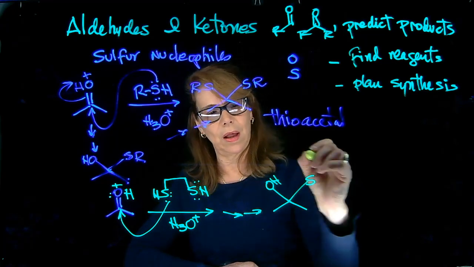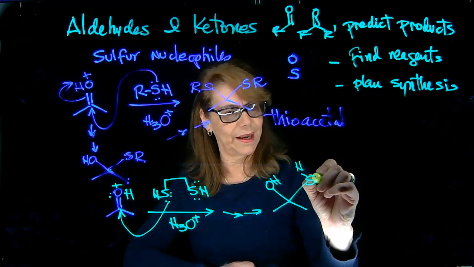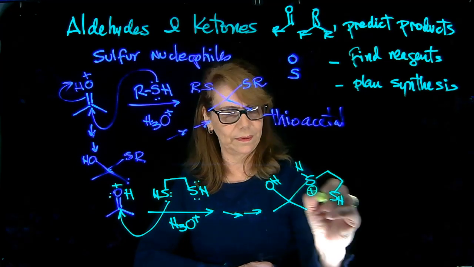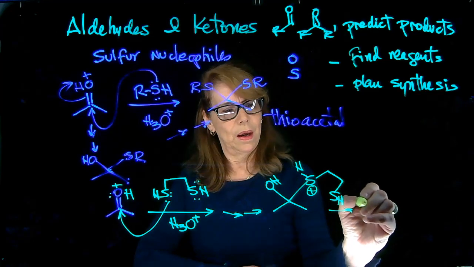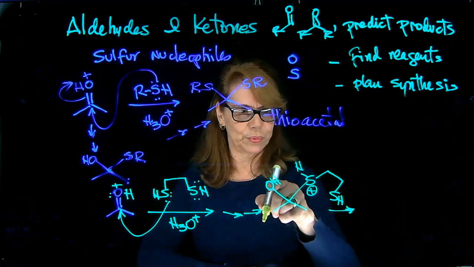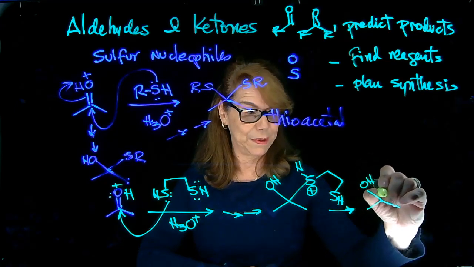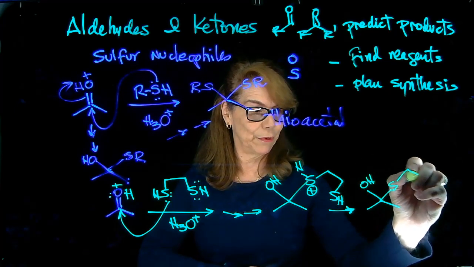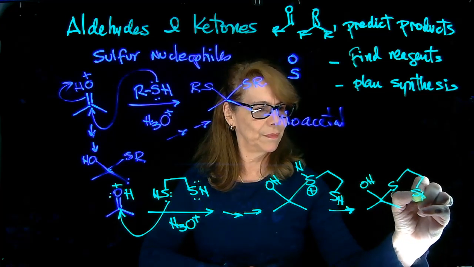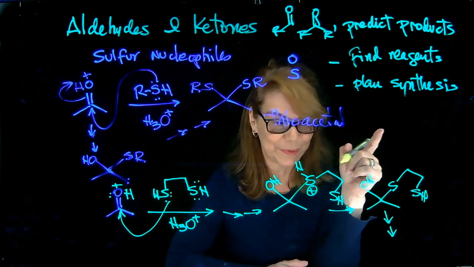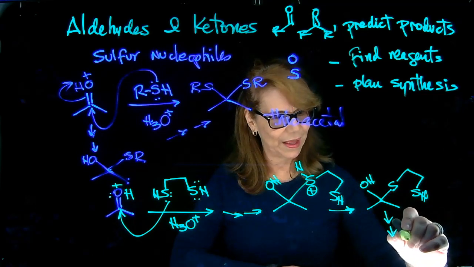This will have initially an S, and that is H. That is a formal positive. Then I will have a proton transfer step to have the hemi, just as we did before. And then other steps. Again, look at the video of the acetal formation for the mechanism on that.